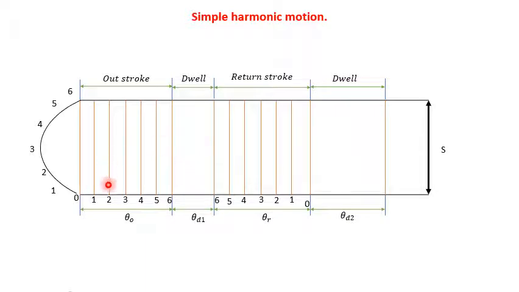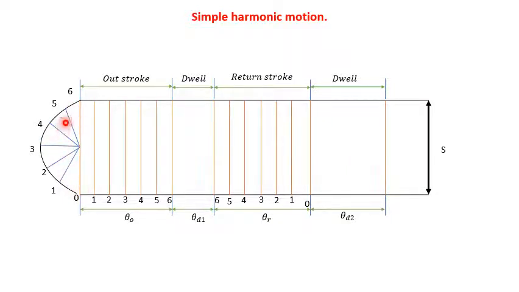So divide this semicircle into 6 equal parts. Then mark them as 1, 2, 3, 4, 5, 6. From the center, draw a line to each number. So we have 6 equal parts for this semicircle.